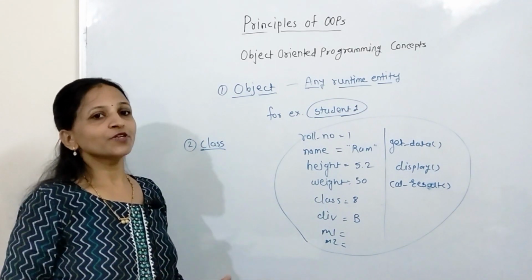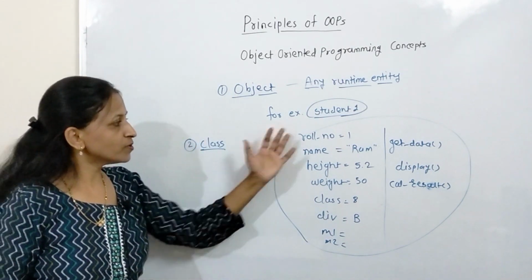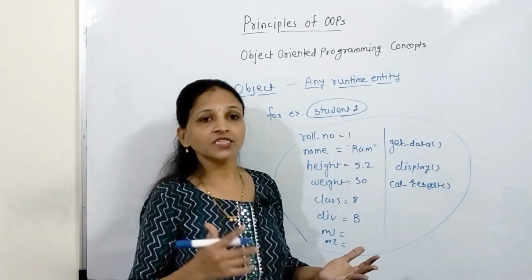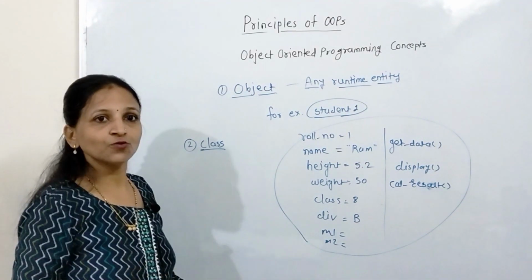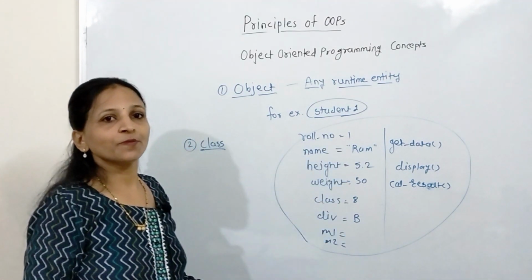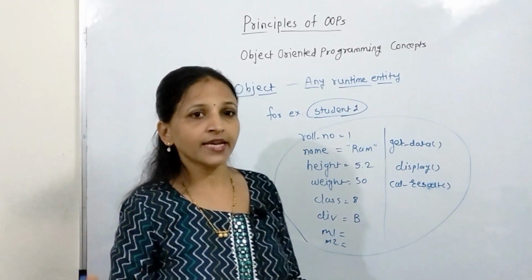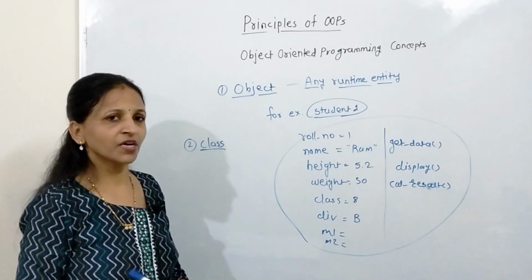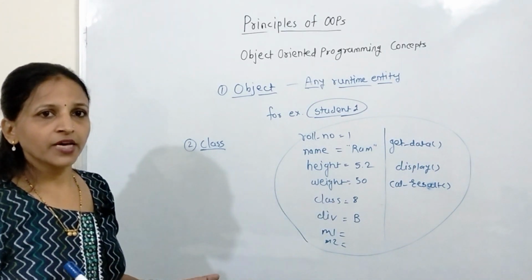Class can be used to create user defined data type and that will represent object of any kind. Means here we can create student class, and that student class we can use to create object of that type student. See here, don't worry about that syntax, how to create class. I am again going to explain that in brief in next videos. Okay, don't worry about that.